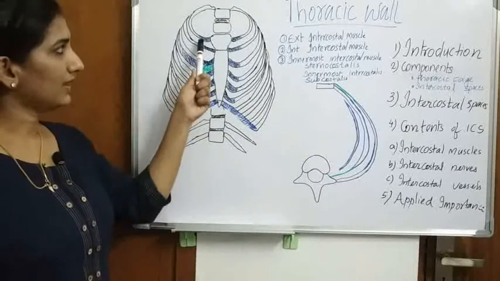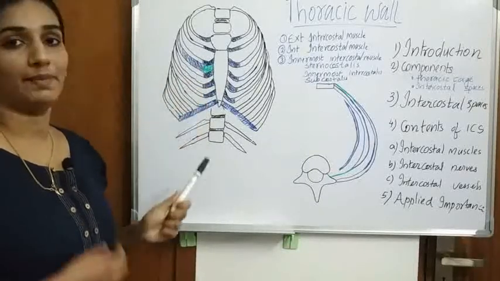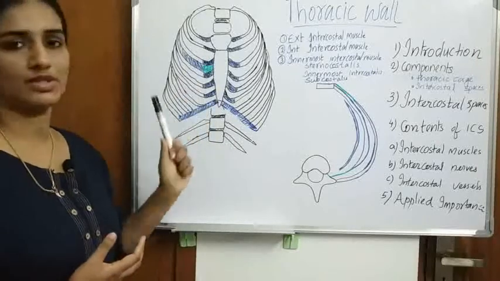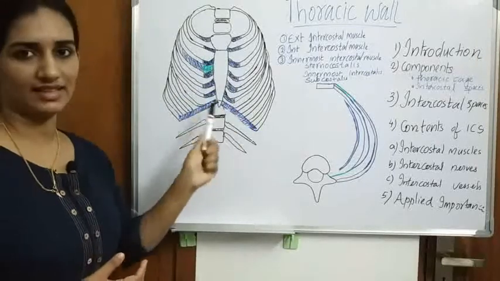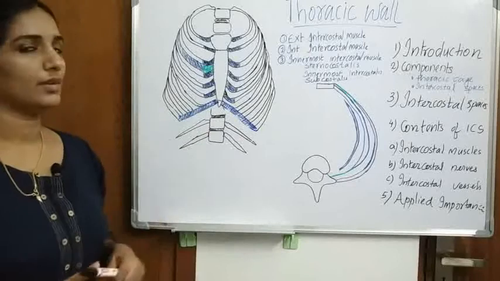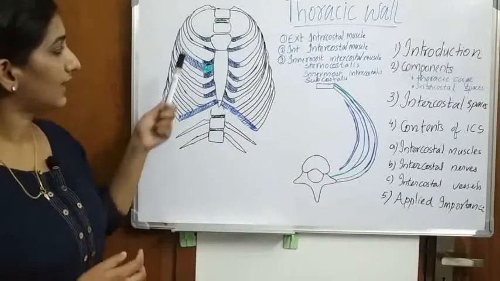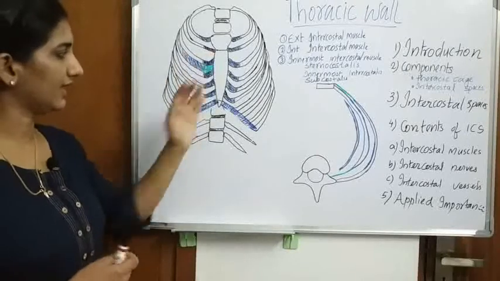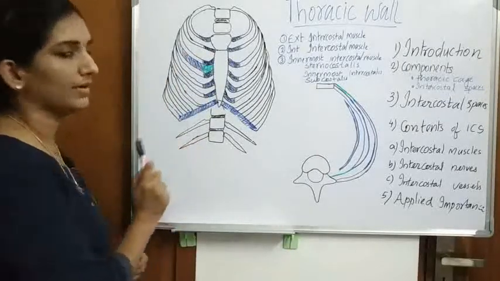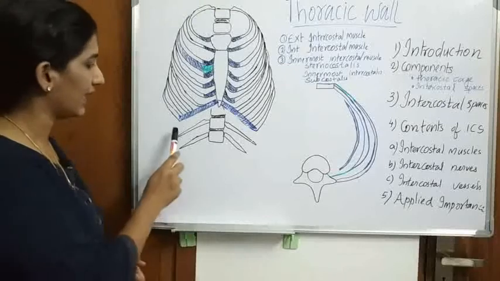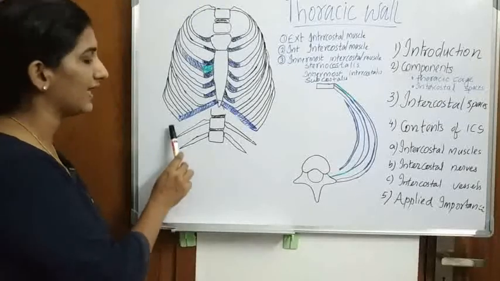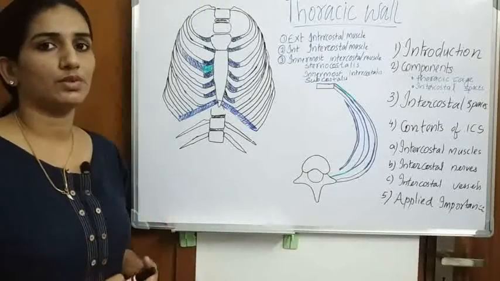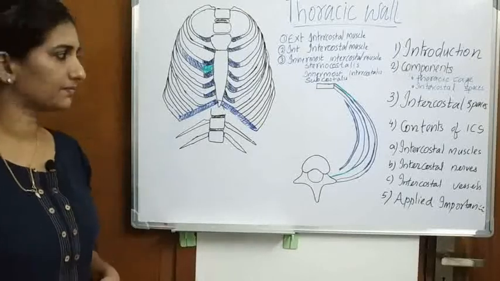There are 11 pairs of intercostal spaces, on either side of the sternum. The upper 9 intercostal spaces are closed anteriorly, but the lower 2 intercostal spaces are open anteriorly, and they only reach up to the mid-axillary line.